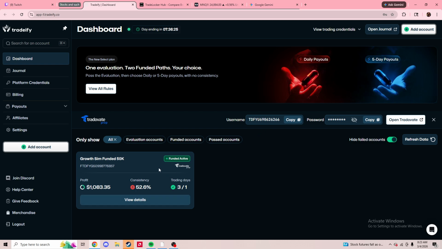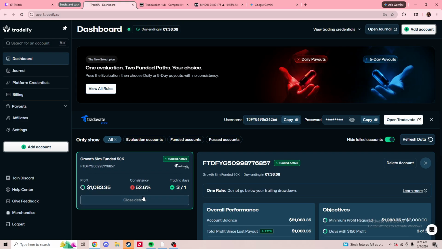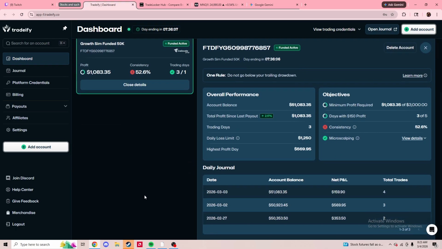I'm just using Tradeify right now. As you see down here, here's my account. This is called a growth account, and I'm not even gonna get into the accounts today, but I'll show you specifically what I have to do or what it looks like.